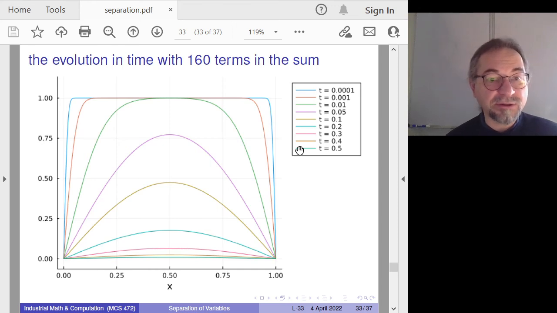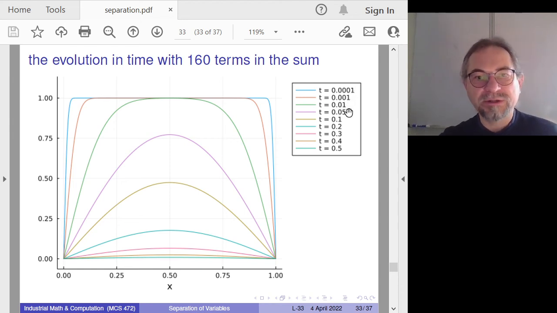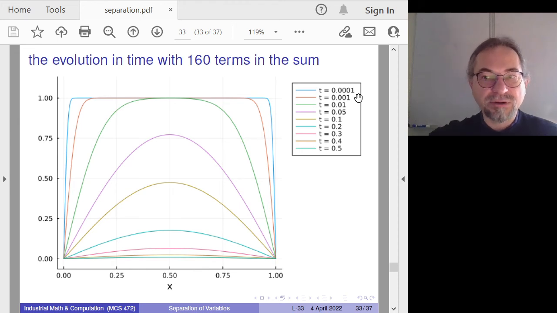Now this is the second question. So there's a Jupyter notebook that is posted at the time when the lecture happens. That is tomorrow in my time. So here I plotted for 160 terms in the sum. You see when t is, I used a logarithmic scale for time, 10 to the power minus, so actually this is expressed in milliseconds and microseconds.